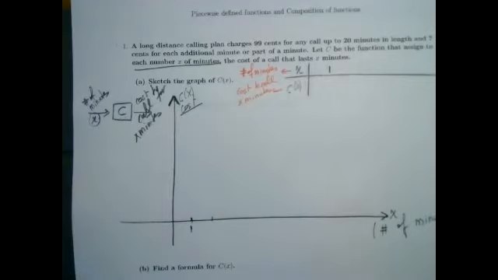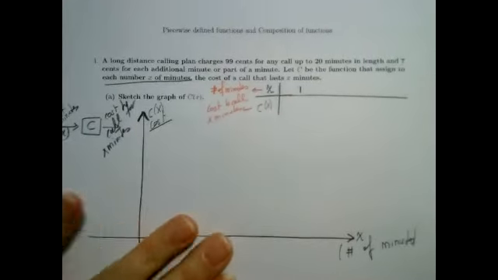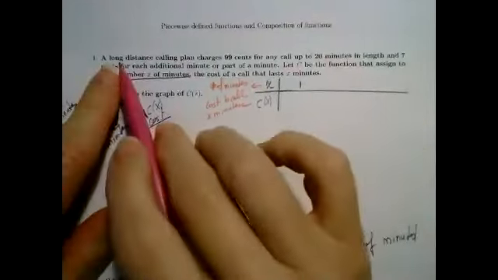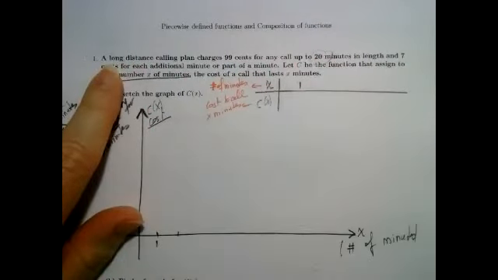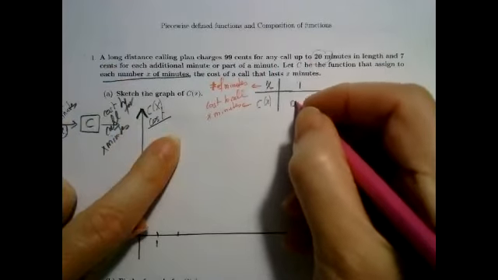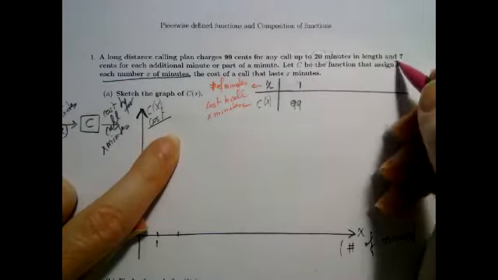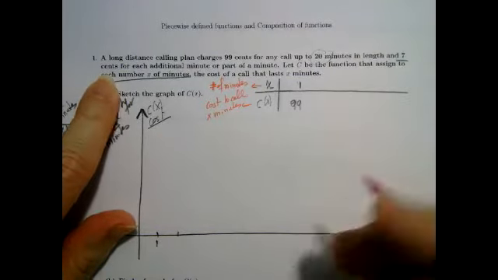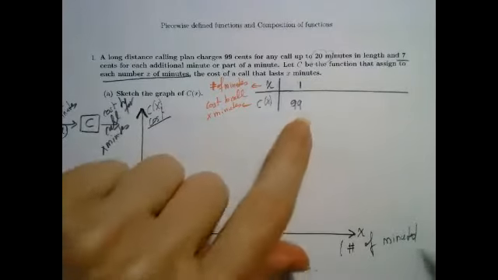What is the cost? 99 cents, because it charges 99 cents for any call up to 20. Now I will put 99, not 0.99, because the unit is cents, not dollars. I know you guys put 0.99, but since my unit is cents, I'm going to keep it 99.